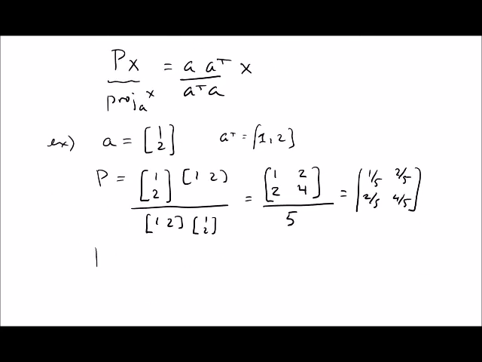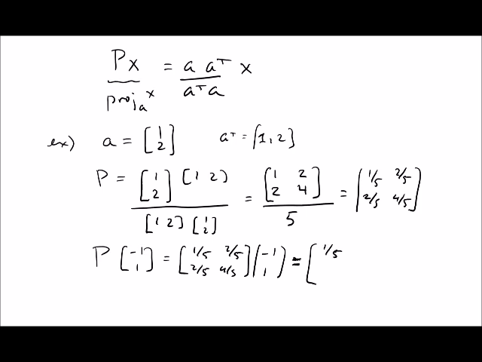And if I do, let's say, P times the vector, I don't know, minus 1, 1, okay? Well, what does that give me? It gives me minus 1/5 plus 2/5, so 1/5, and it gives me minus 2/5 plus 4/5, 2/5.